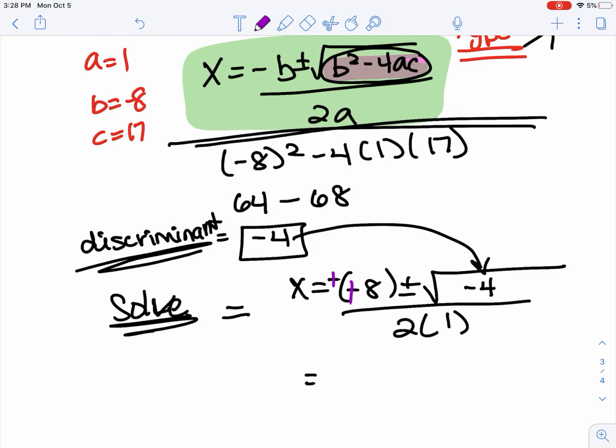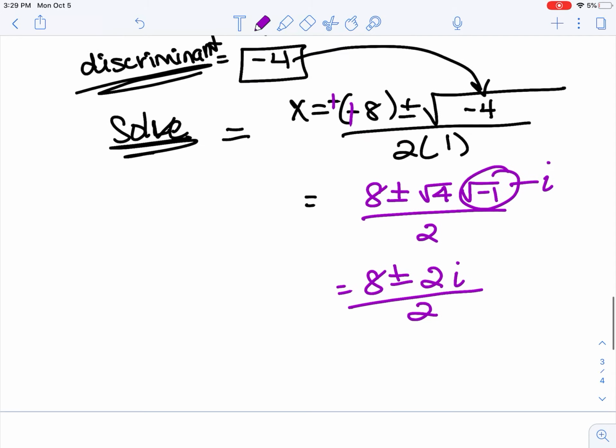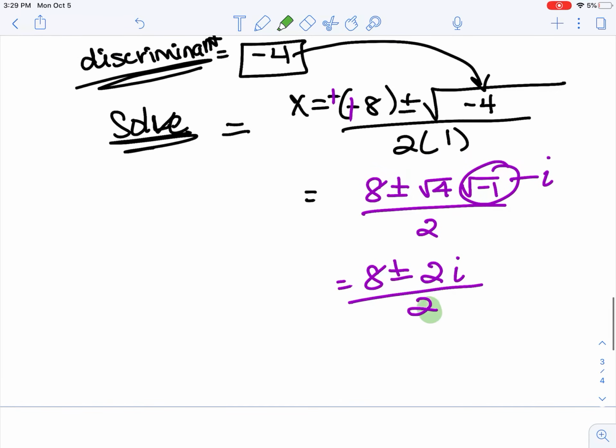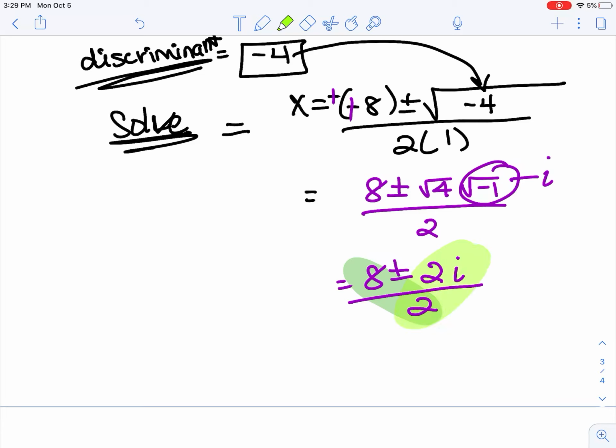We're going to add the opposite. We get 8 plus or minus the root of negative 4, which is really, remember, the root of 4 times the root of negative 1, and that root of negative 1 is really i. So we get 8 plus or minus the root of 4 is 2, i, all over 2. And then we simplify here, and we simplify here.